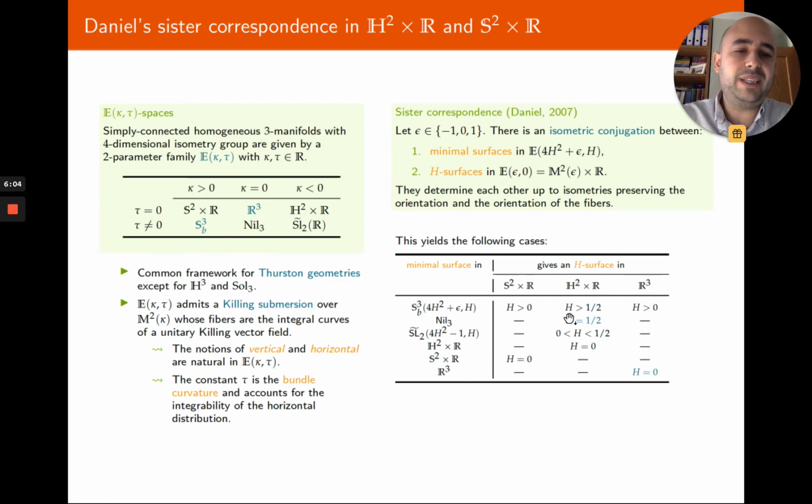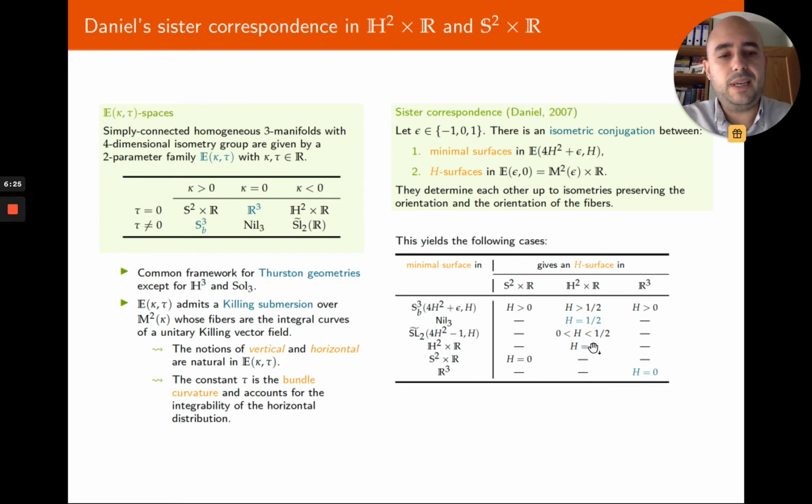For supercritical mean curvature, it comes from the Berger spheres, and for subcritical mean curvature, the corresponding minimal surface lives in the special linear group, or in H² × R itself, because here there is another notion of associated family.